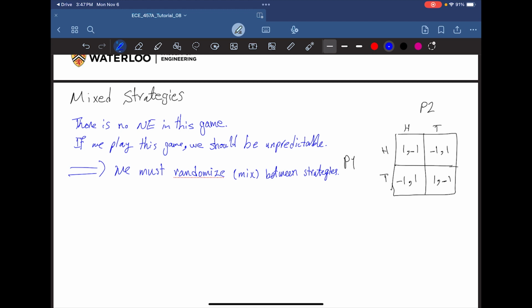The first approach is actually first order condition.